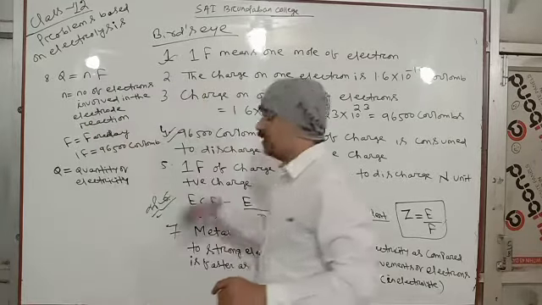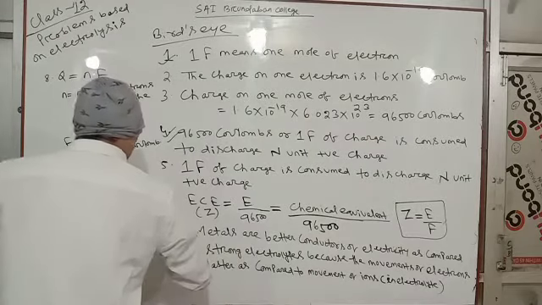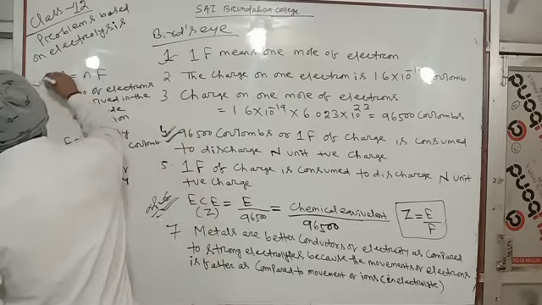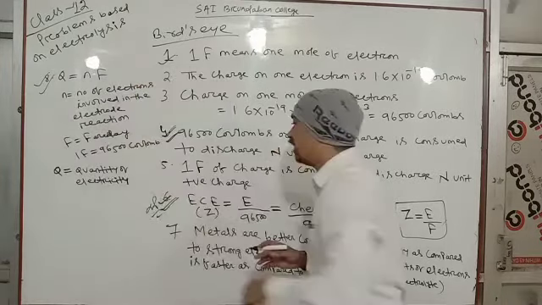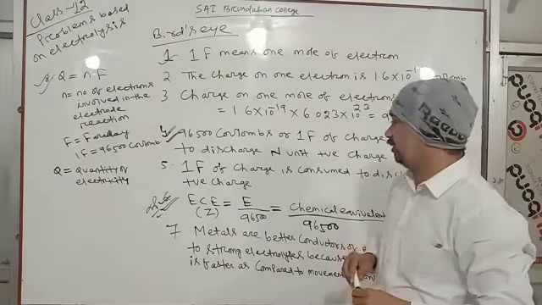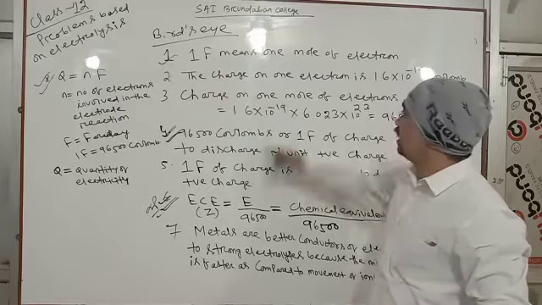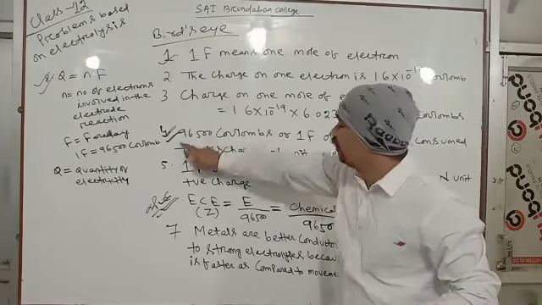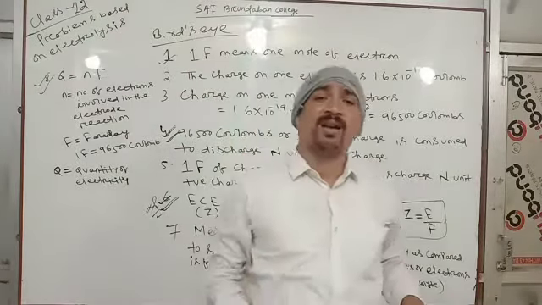So these are the points. Points 1, 4, 6 and 8 are the ones you must remember. The charge of the electron you already know from previously.